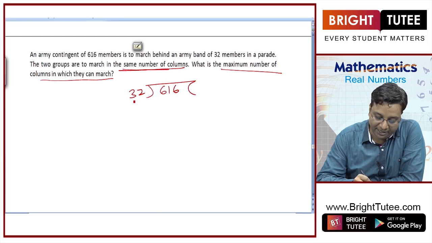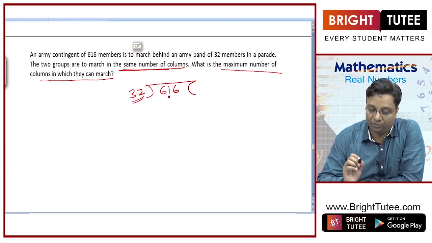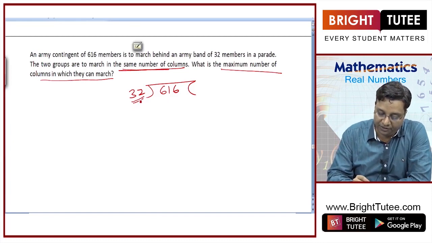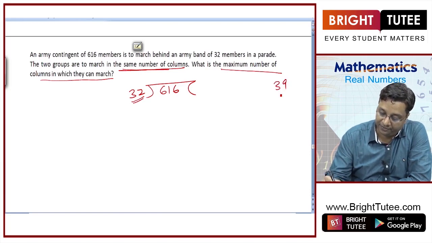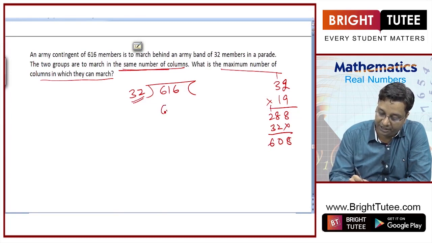We can do it by factorization also, or by Euclid's division algorithm. If I multiply 32 by 20, it will give me 640. So I'll have to multiply it by 19. So let's look at this multiplication. It will give me 608, right.